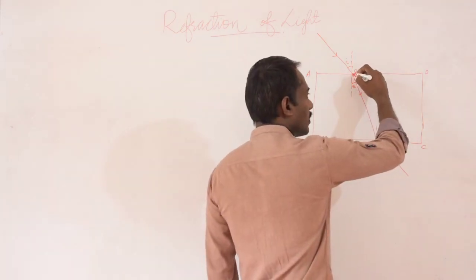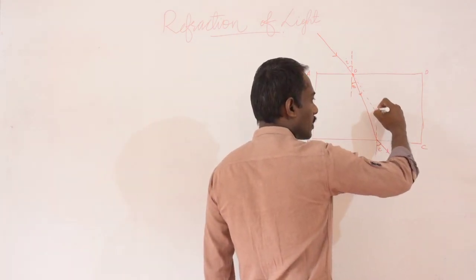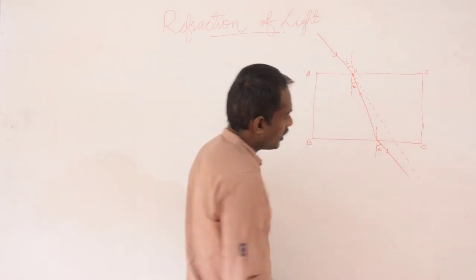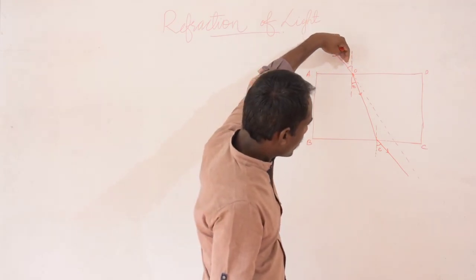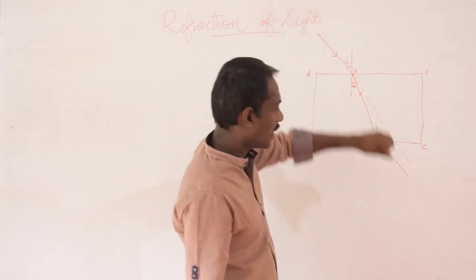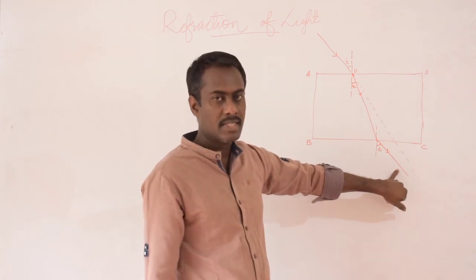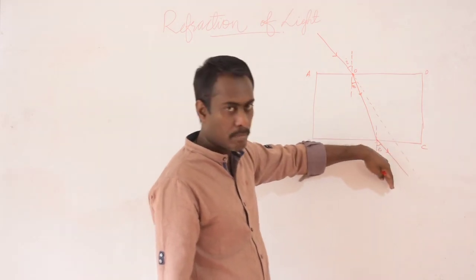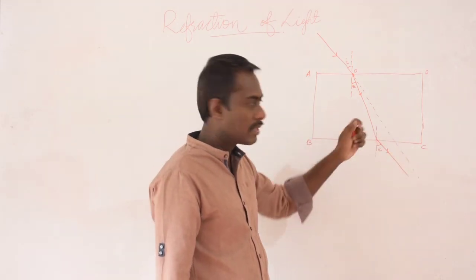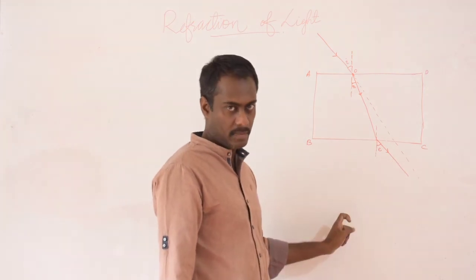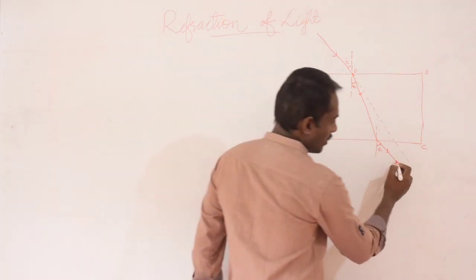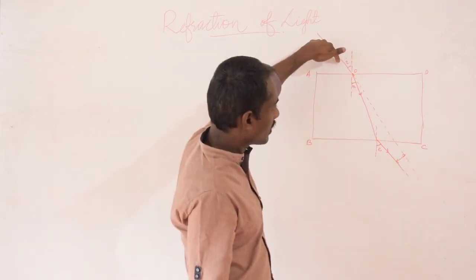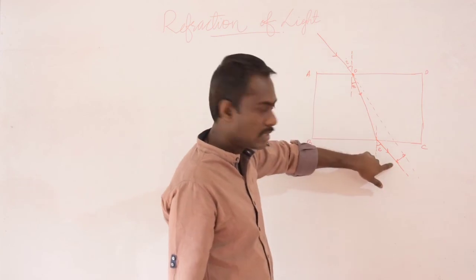If we extend the first incident ray, we can see that the direction of the incident ray and the emergent ray is the same, so these two rays are parallel with each other, but slightly displaced. This is the displacement between the actual direction of the incident ray and the emergent ray.